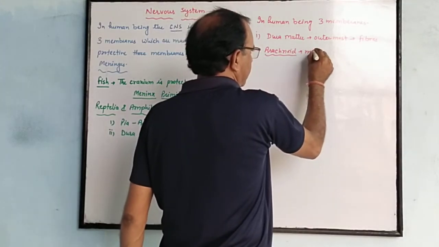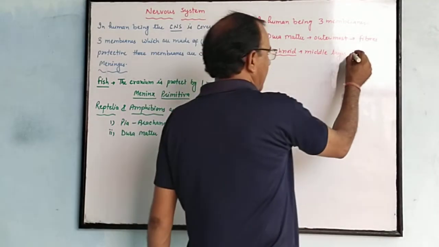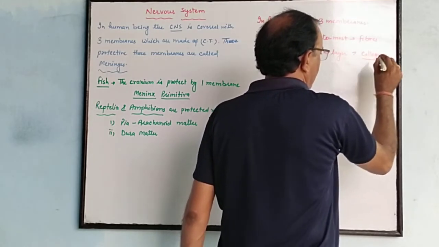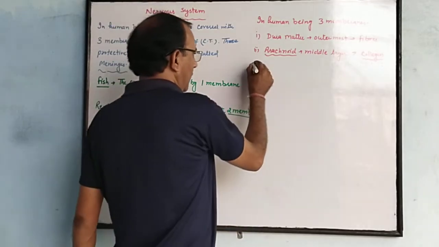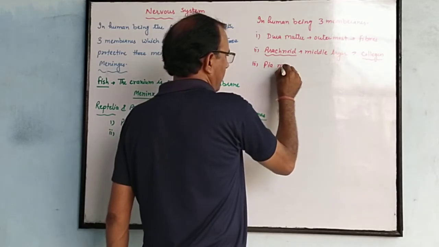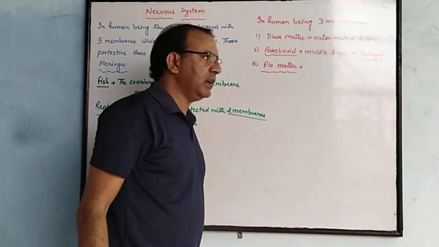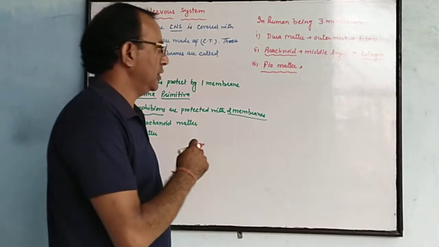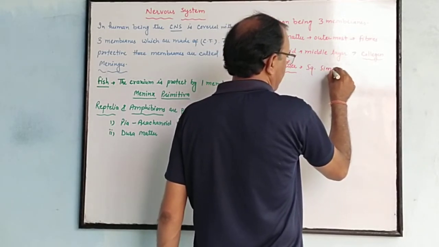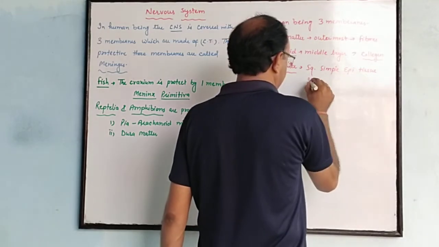This is the middle layer. It is made up of collagen. And the third one is pia mater. This is made up of simple squamous epithelium tissue, and this is the innermost layer.